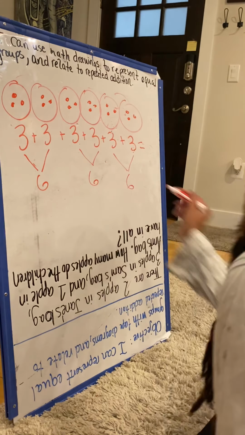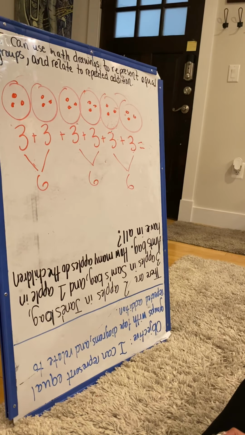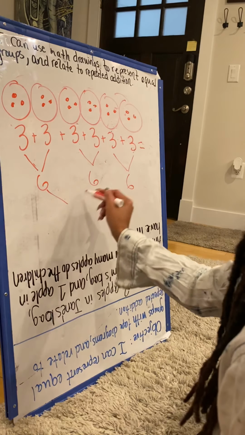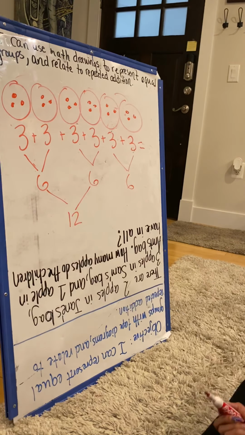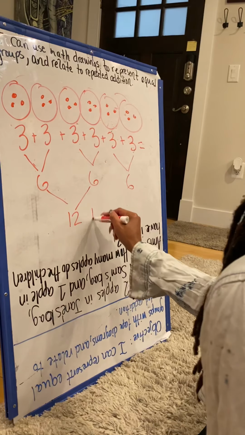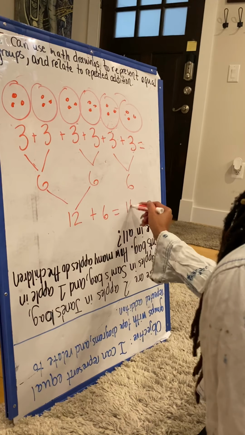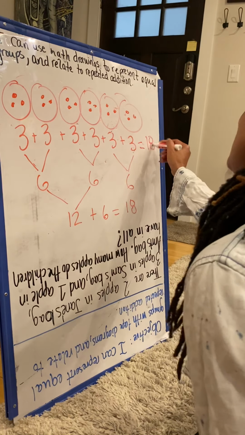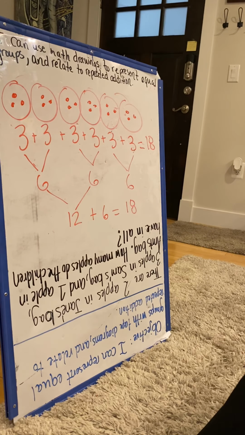This 3 plus 3 equals 6. And then we might say this 6 plus 6 equals 12. And we're going to say 12 plus 6 equals 18. Yep. So we can group add-ins into pairs and use doubles to add quickly. If there's an extra add-in, we just add it on to that amount.